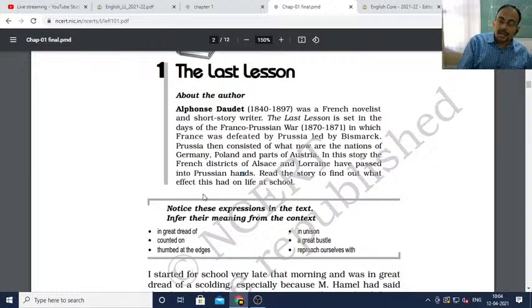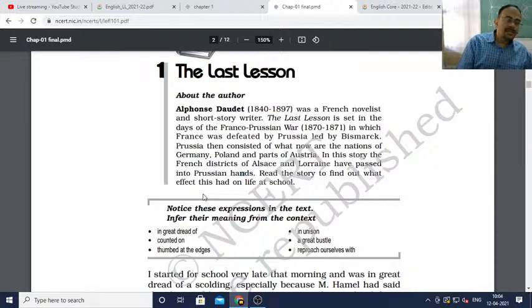Then the French language was suspended. The French language was suspended actually. Okay, means the French language would not be taught in the schools of Alsace and Lorraine from that time onwards. Why? Because the districts of Alsace and Lorraine of France have gone into the hands of Germany.